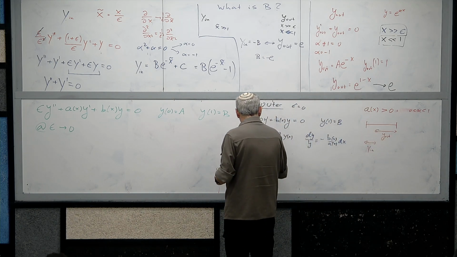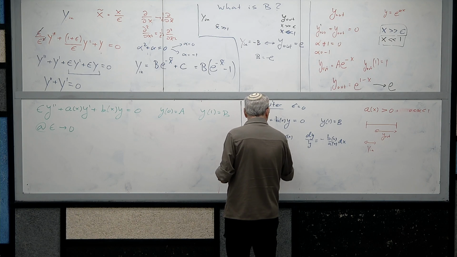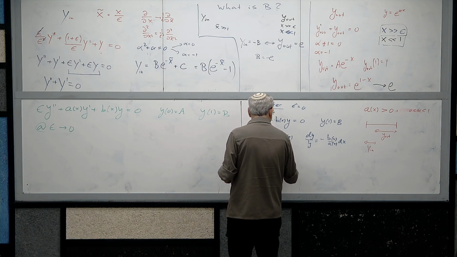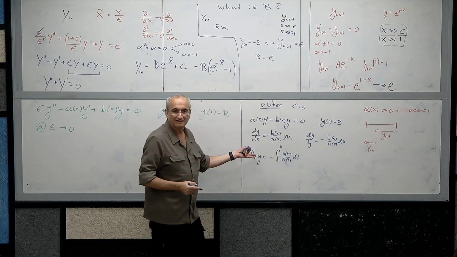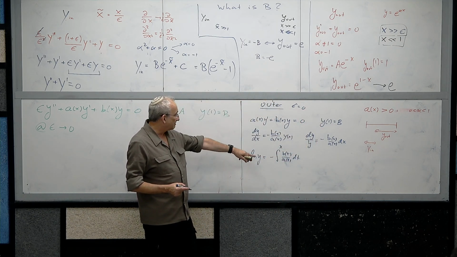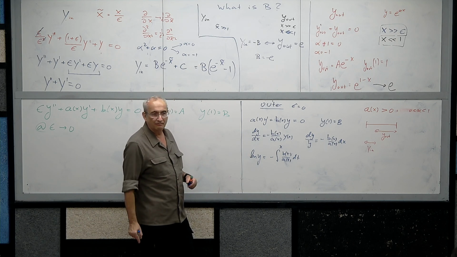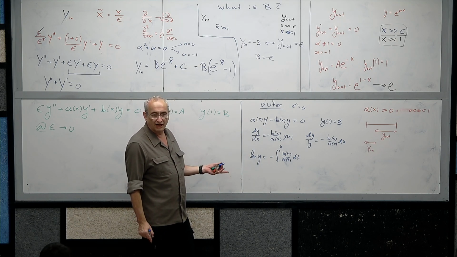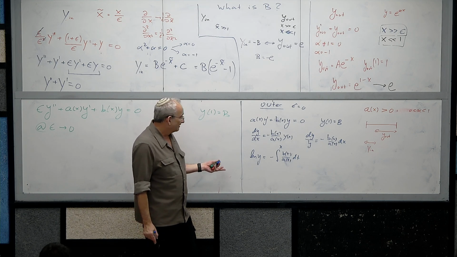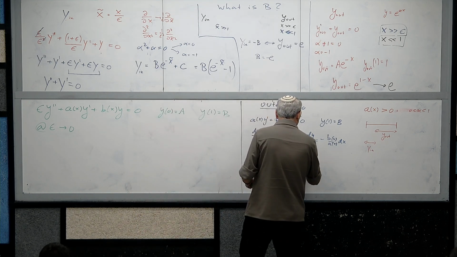I will find that ln y is minus the integral up to x of b of t over a of t dt, generically, right? Of course, it's independent of the lower limit of the integral. Why? Because it's just a constant, right? And in any case, I can add here a constant.